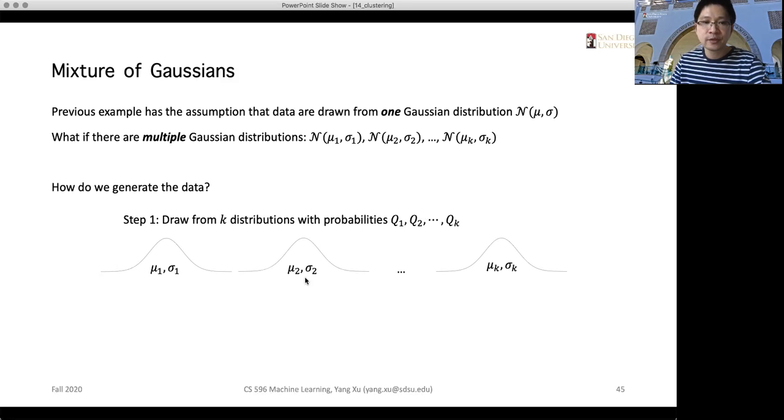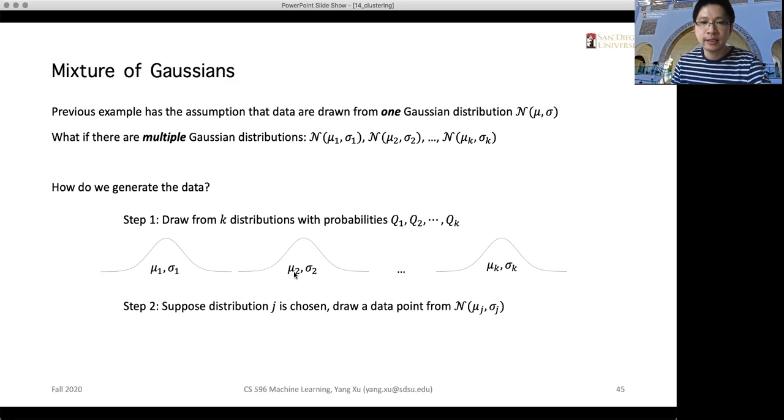After the distribution is selected, suppose the j-th Gaussian is chosen, then we need to draw a data point from that distribution. That distribution has the quantities mu j and sigma j.